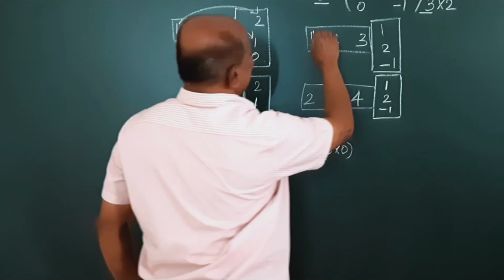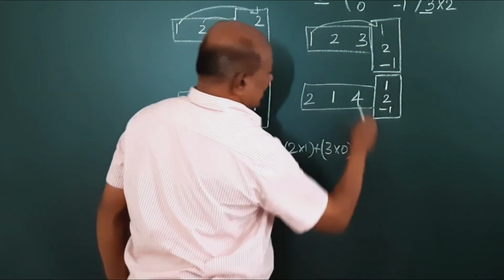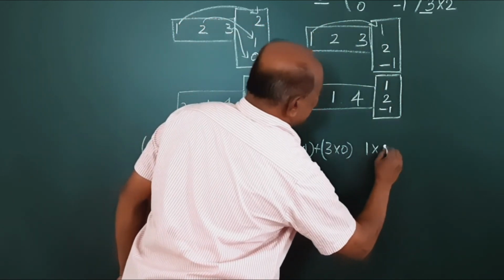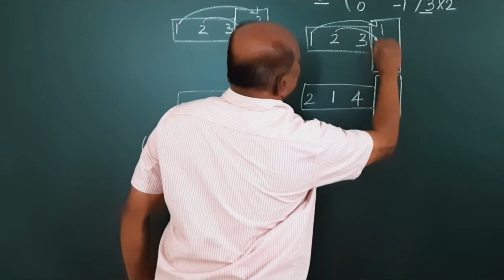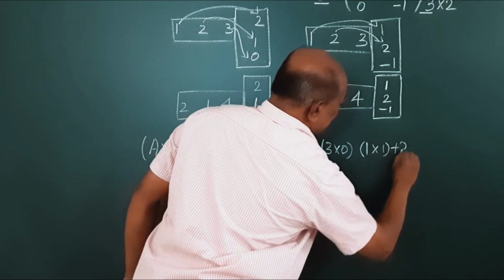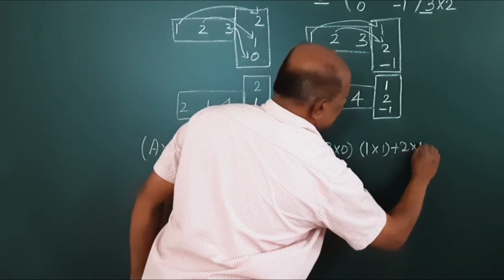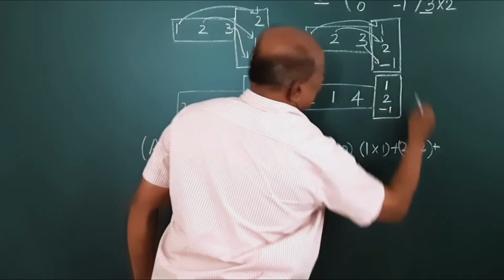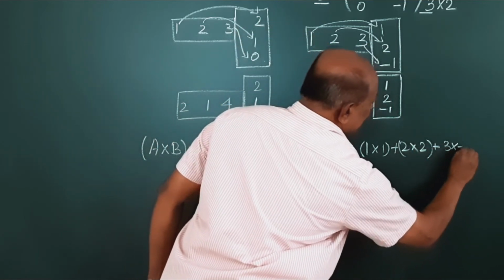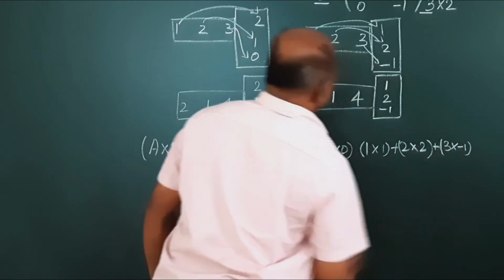Next, first row, second column, 1 into 1, then plus 2 into 2 plus 3 into minus 1.